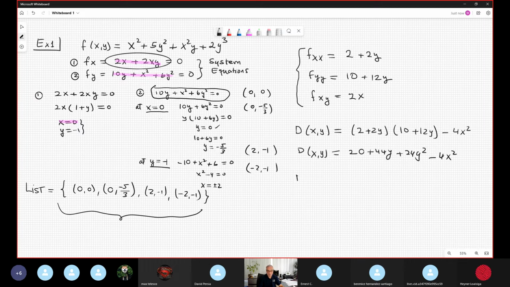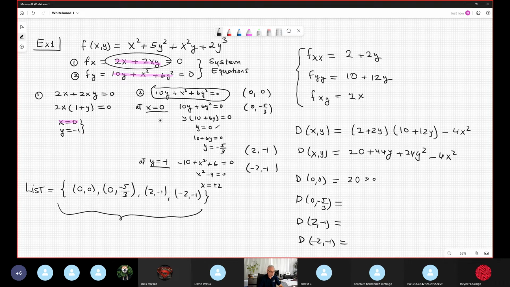So you evaluate D at (0, 0). You evaluate D at (0, -5/3). You evaluate D at (2, -1). You evaluate D at (-2, -1). The arithmetic part I want to skip. The answer is 20. Well, it's obvious. And 20 is positive. Good, I like that.